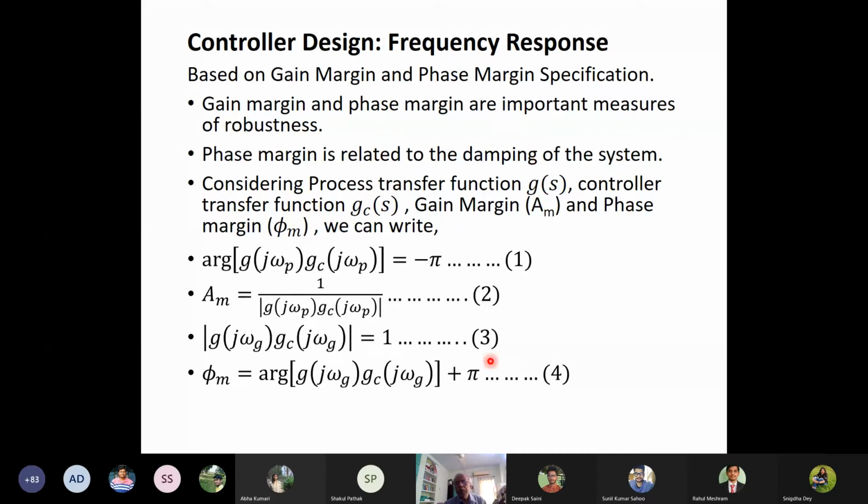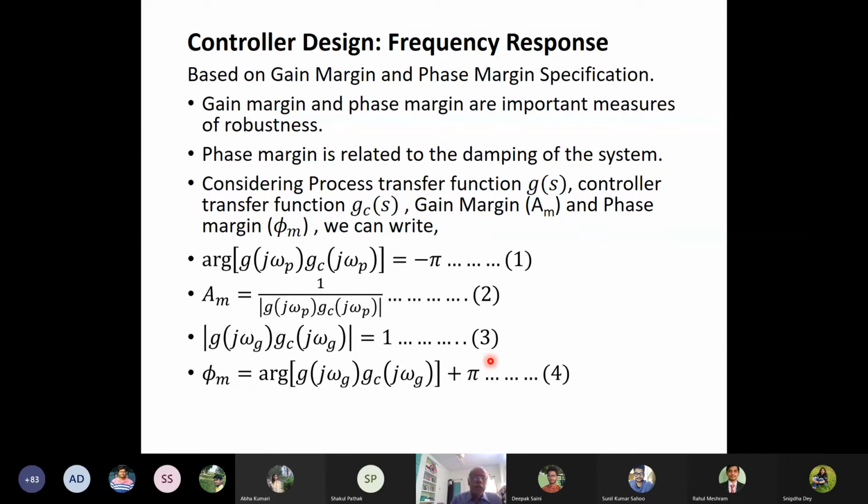So if we start with the gain margin and phase margin specifications, we know the gain margin and phase margin are normally used to make the controller more robust. Robustness is basically the ability of a controller to take care of the estimation error of the process model.